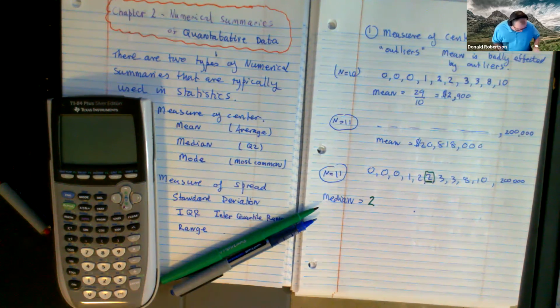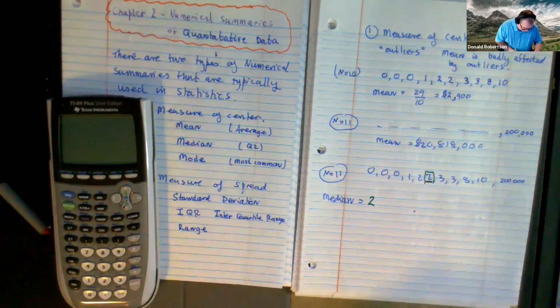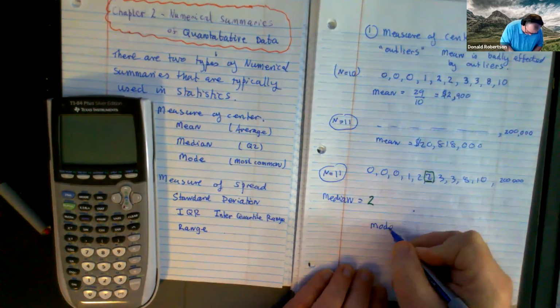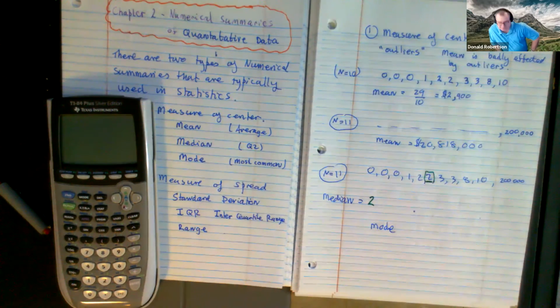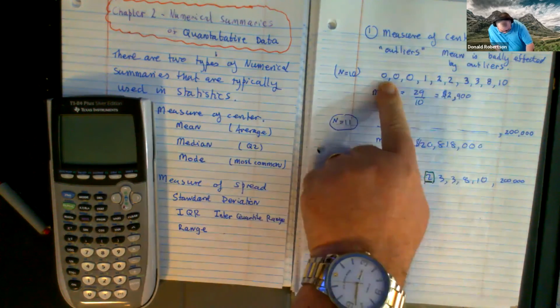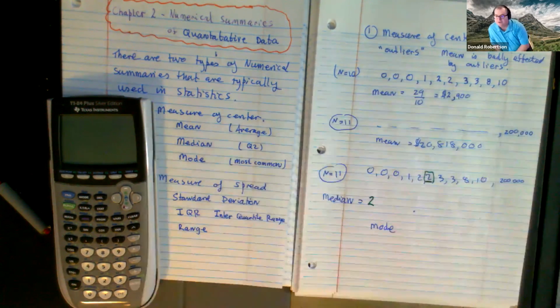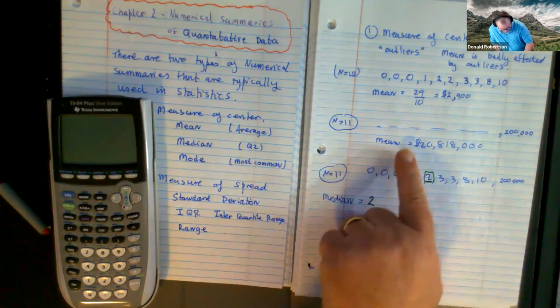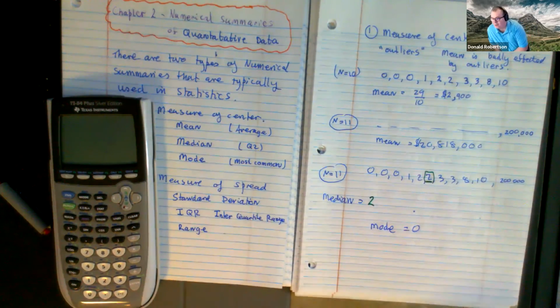Now, only for completeness' sake, I don't like mode, but I really need to write it down once. In this question here, which of these numbers is the most common? Because that's what the mode is. Would you agree, it's not as bad as the mean, but it's quite random which one ends up being the most common number?